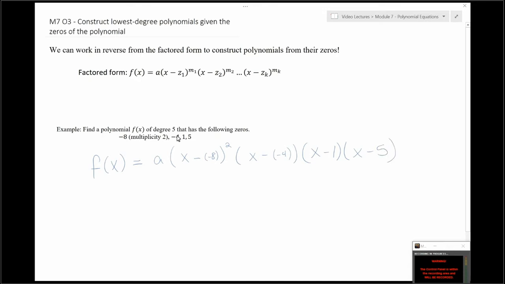And this makes sense because with it being degree 5, we wanted to make sure that the sum of these multiplicities is 5. Okay. So now we don't know what a is, but it says find a polynomial. And what that means is we could switch out a for anything: 1, 2, 3, 4, 5, 6, 1/2, 1/3, 1/4.